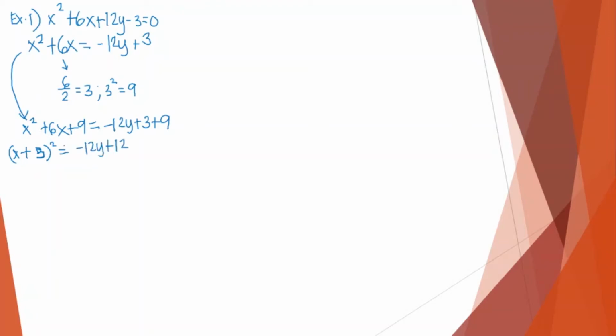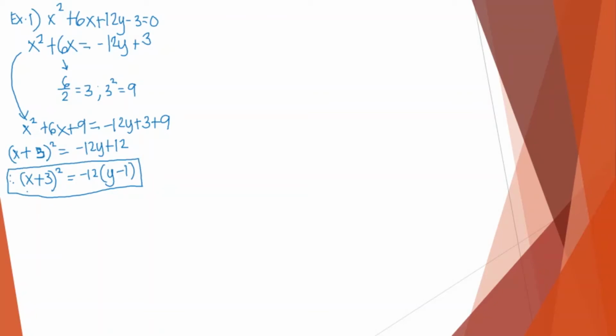Then factor out, so therefore we have x plus 3 squared is equal to negative 12 times y minus 1. This is the standard equation of the parabola that we got from completing the square.